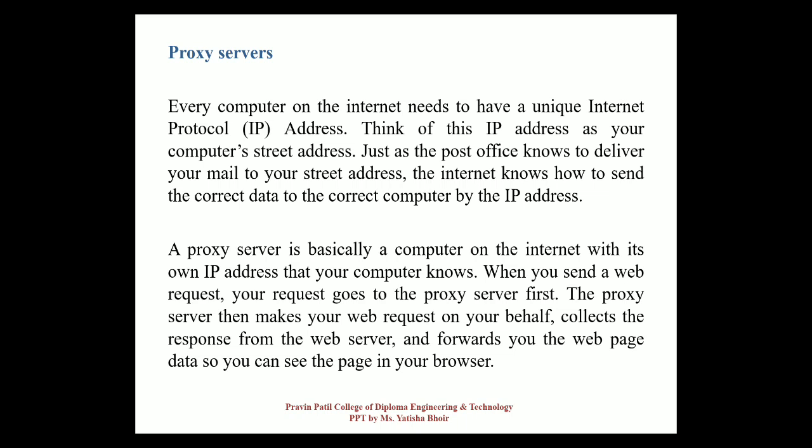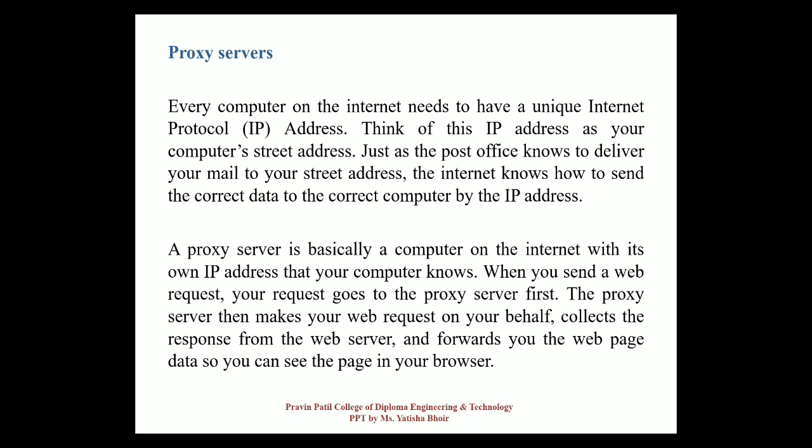So first of all, I search for anything on the internet. I request one page from the internet. That request goes to the proxy server. The proxy server gives that request to the web server and forwards you the web page, and then that web page will be visible to you. So this is the procedure.